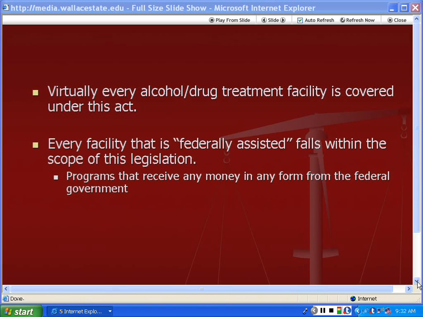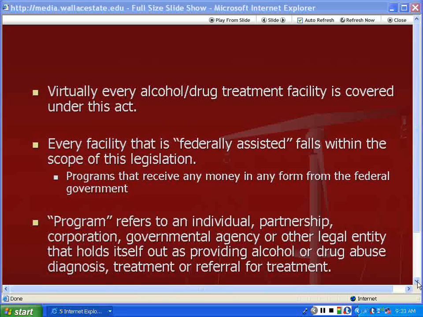And when they say program, it refers to an individual, partnership, corporation, governmental agency, or other legal entity that holds itself out as providing alcohol and drug abuse diagnosis, treatment, or referral for treatment.